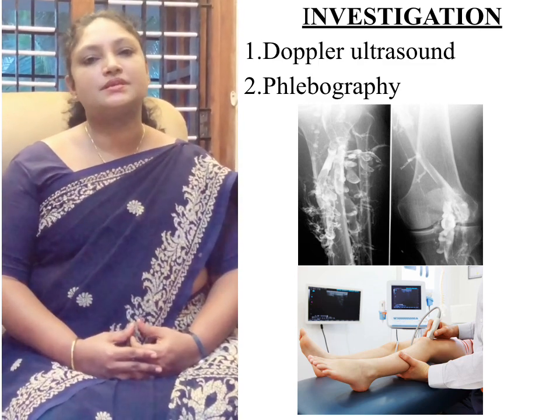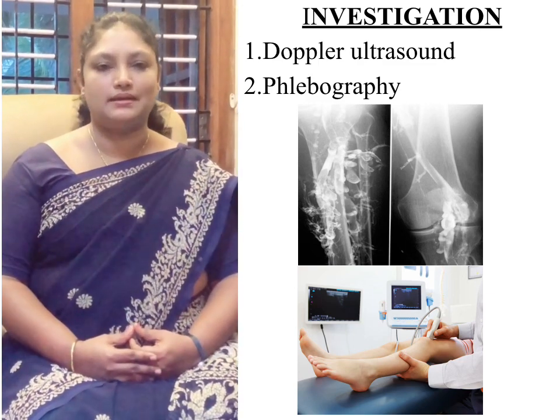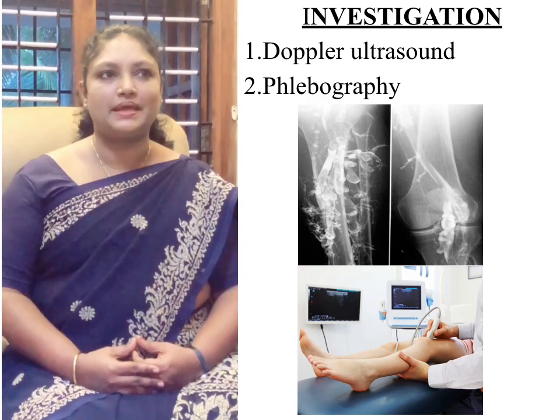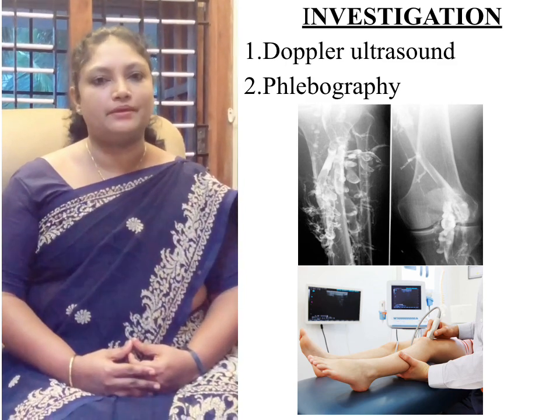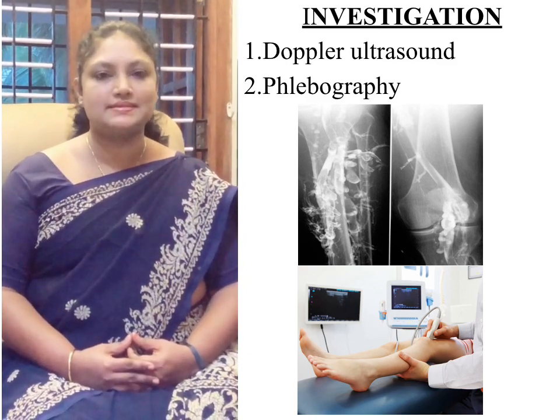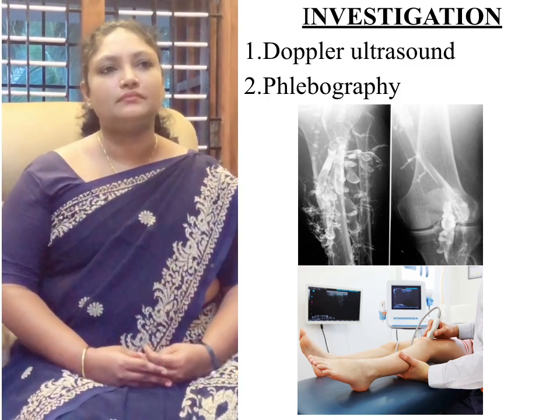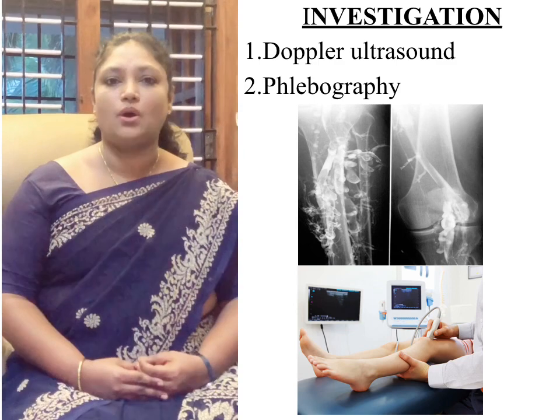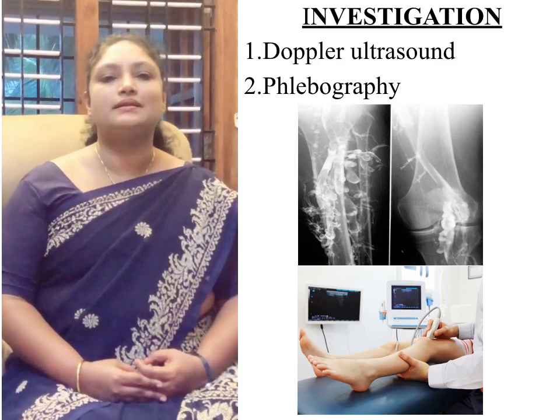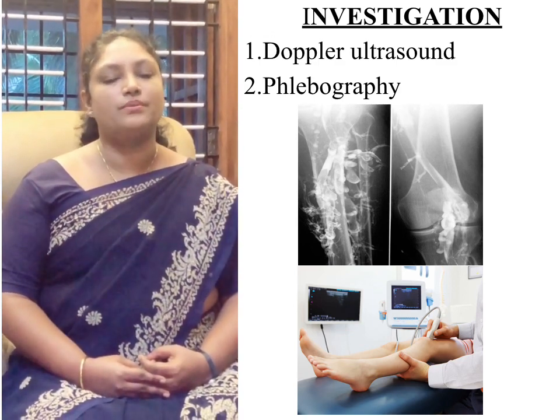And the main investigation which you are doing is Doppler ultrasound. So if the patient is complaining of calf muscle pain when you are checking for Homan sign, and if it is positive, then the next step is Doppler ultrasound. In Doppler ultrasound, you can rule out whether there is a formation of thrombosis.